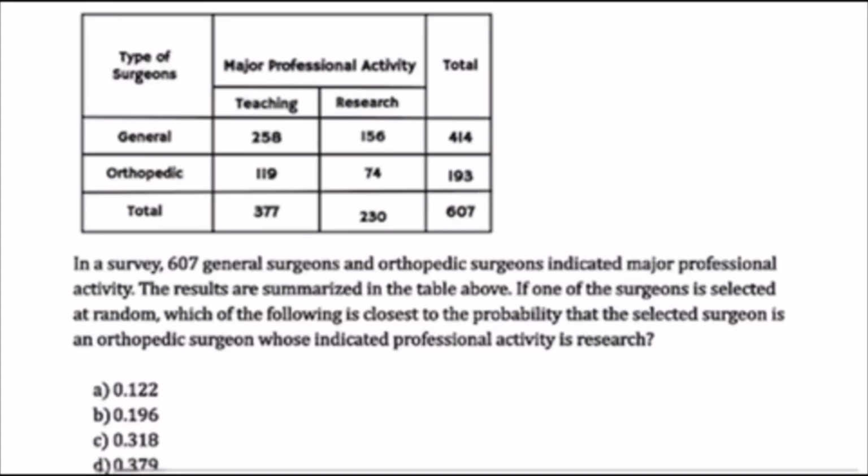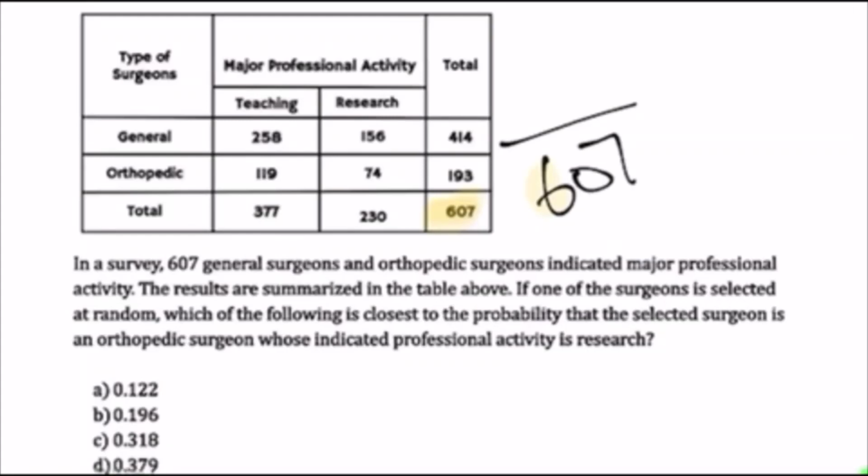So here the denominator is going to be 607.